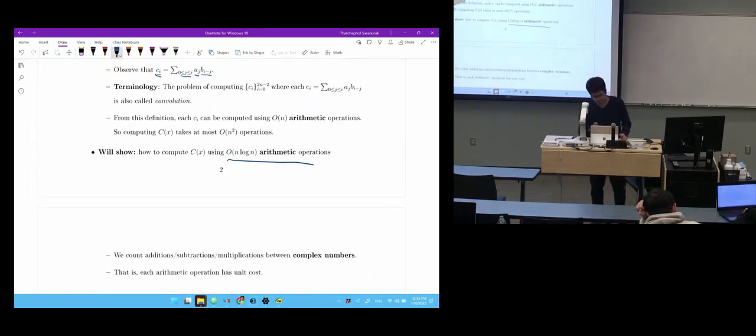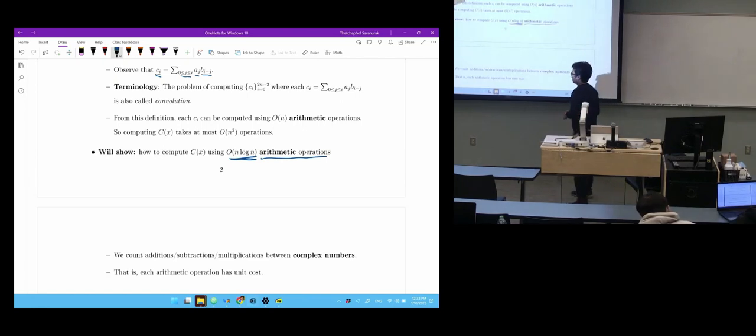And now there is a catch though. When I say that I can do it in O(n log n) arithmetic operations, I'm just going to count how many subtractions, additions, multiplications between numbers there are. Actually, it's going to be even complex numbers. So I omit how to implement this on a real computer, because how do you even represent complex numbers on a real computer?